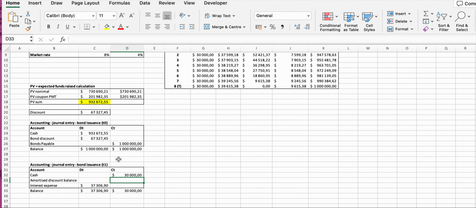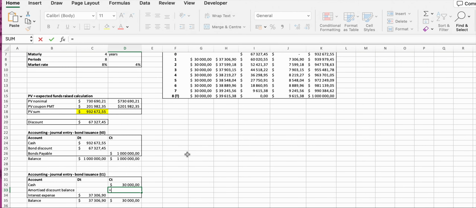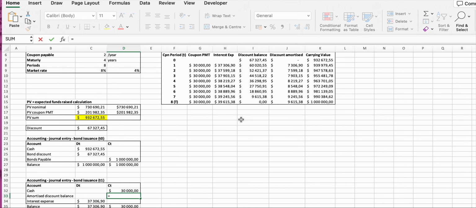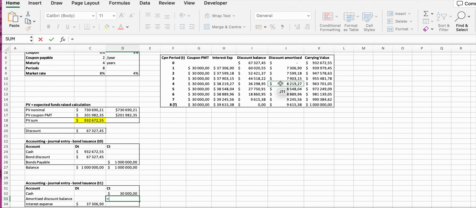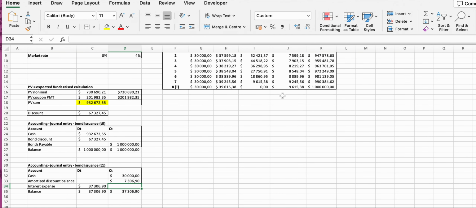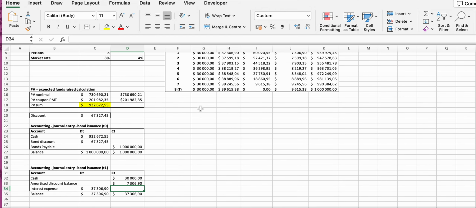So it is an amount that is entered with credits. I know it sounds crazy, but it's not that complicated. This is the portion of the discount being amortized, and now we see that the accounting equation holds once again.